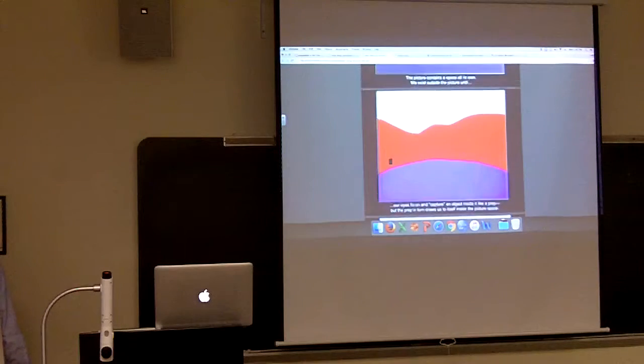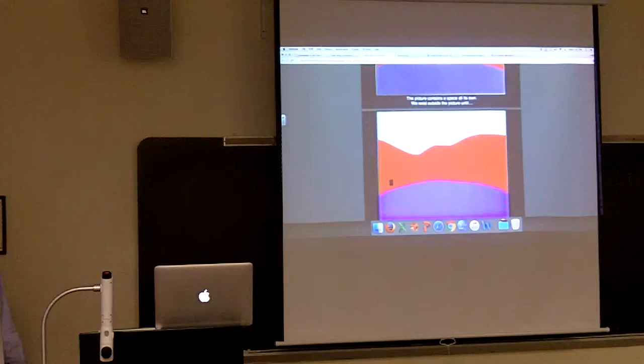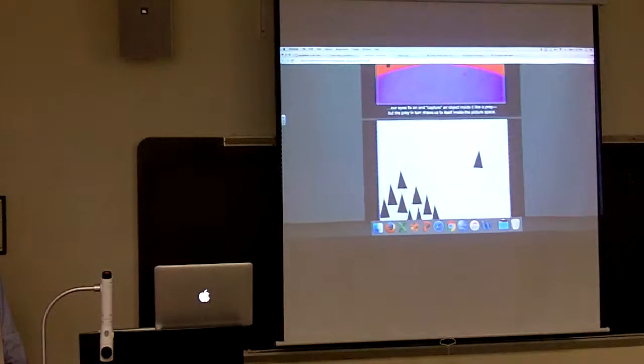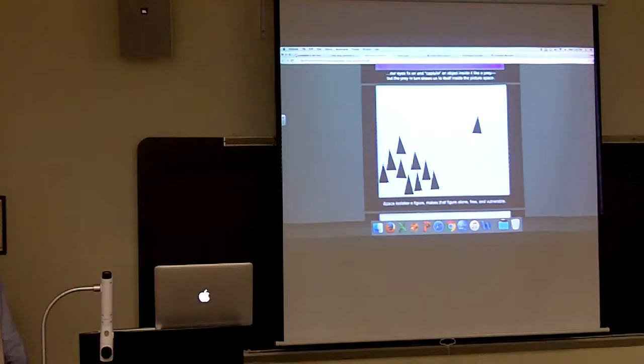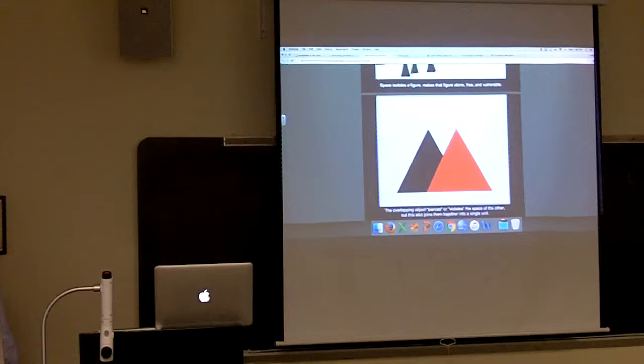So in this one here, we are outside the picture, and in this one, suddenly we are sucked into the picture. Space isolates a figure, makes that figure alone, free, and vulnerable. The overlapping object pierces or violates the space of the other, but this also joins them together into a single unit.